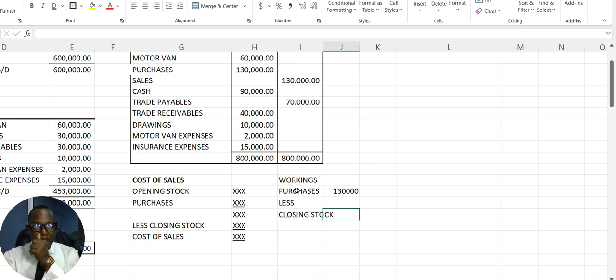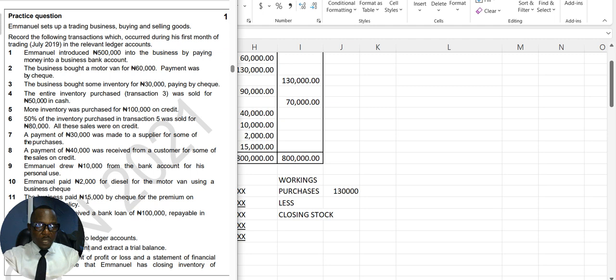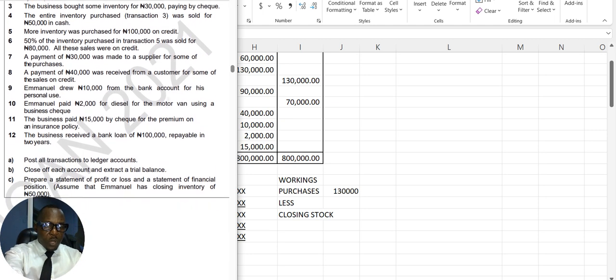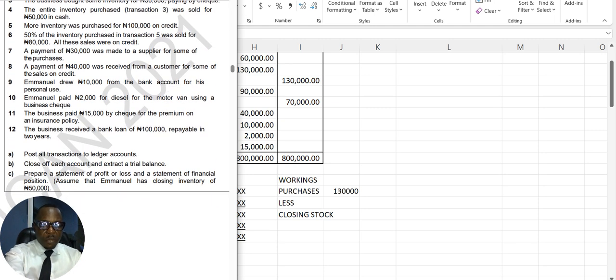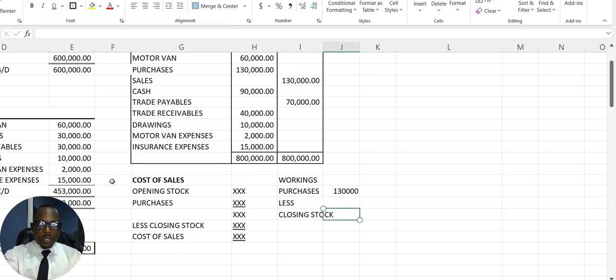Closing stock is how much? 50,000 as given to us in this example. Let's look at the figure in the example again. So we should assume that Emmanuel has closing inventory of 50,000. So we'll come here and put 50. So you less this from 130, it gives you how much? 80,000.